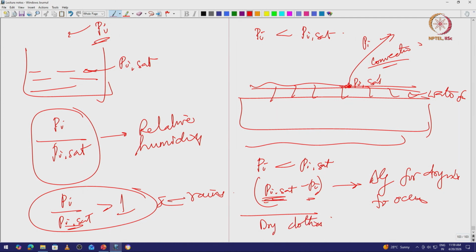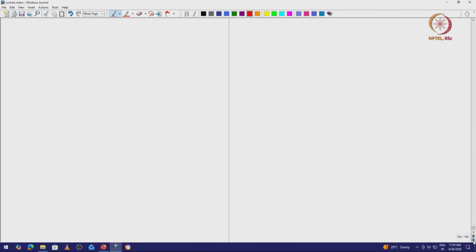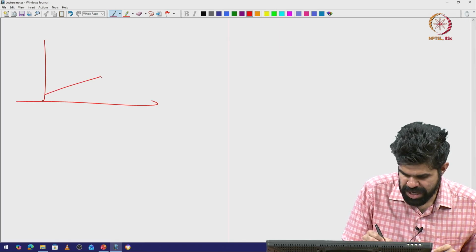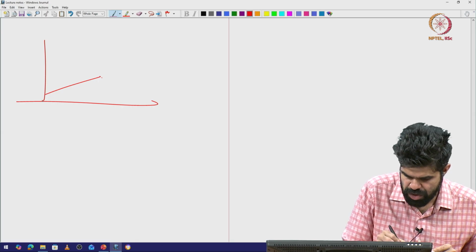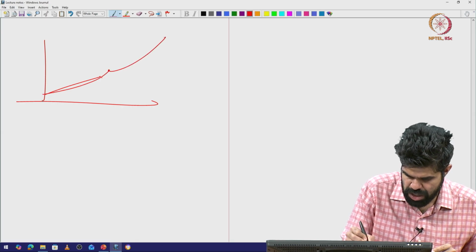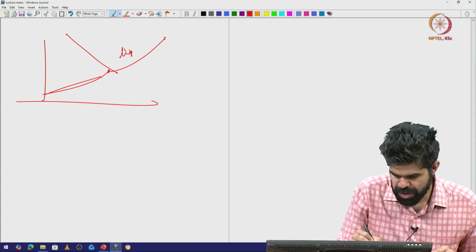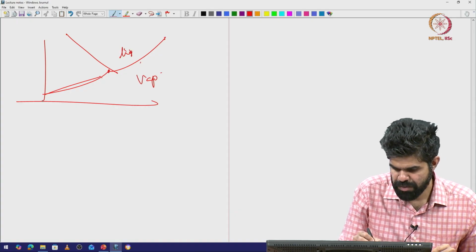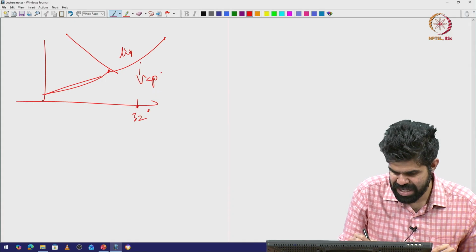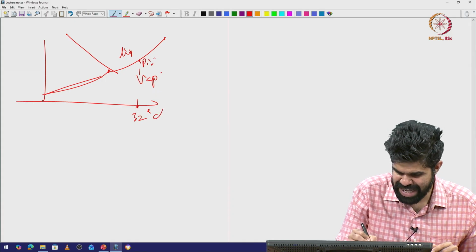Now, how can I increase the driving force to dry clothes? Again, this is based on our everyday experience. So, this is liquid, this is vapor. I am at 32 degrees Celsius, this is Pi sat.